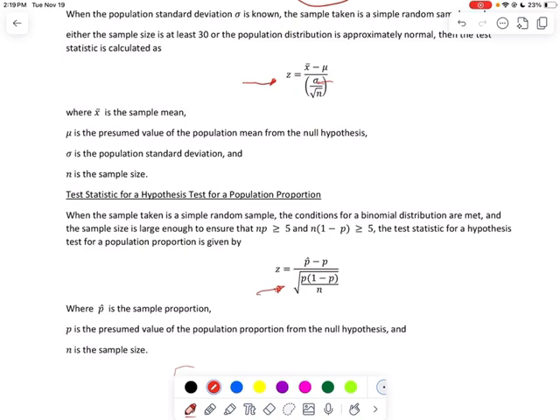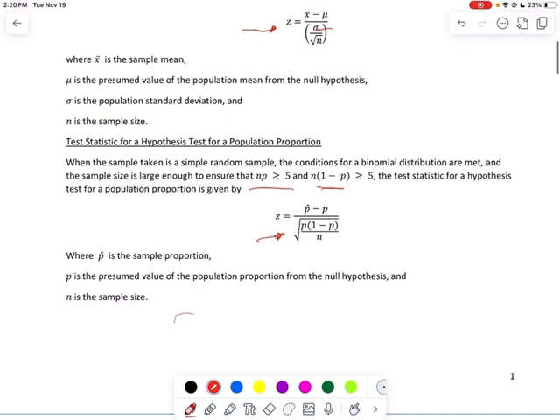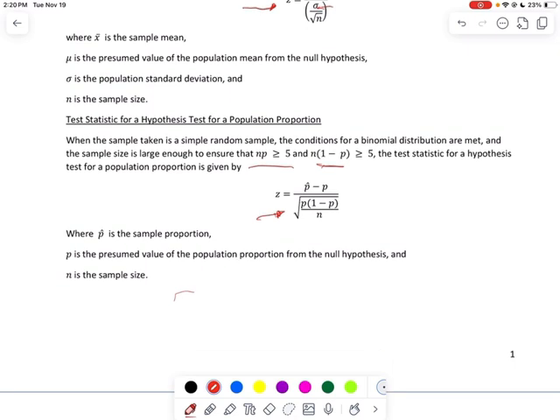Also, in order to use this formula for the test statistic, we must check these conditions for applying the normal distribution to the population proportion.